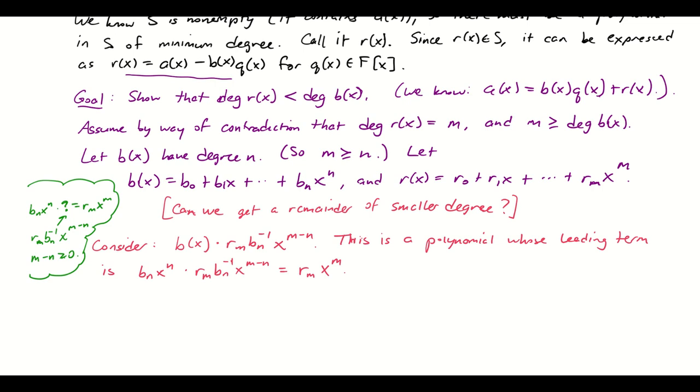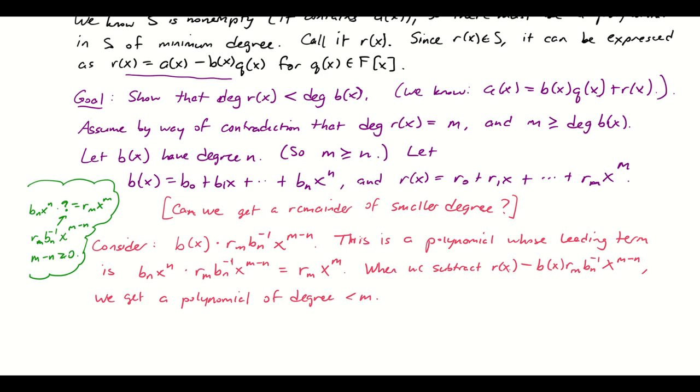All right, so that means, and I'm not going to belabor this too much by working out all of the symbols for b of x and r of x, but when we subtract r of x minus b of x times rm bn inverse x to the m minus n, we get a polynomial of degree less than m.